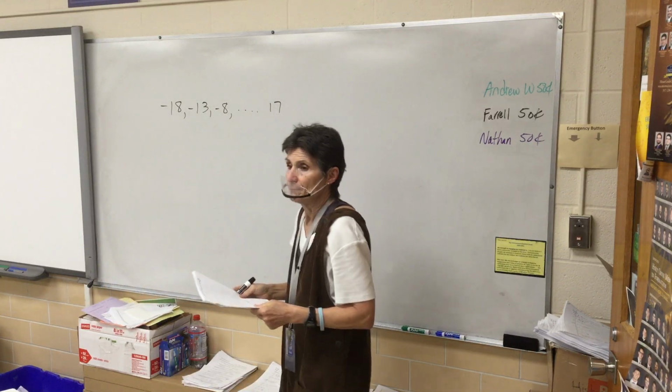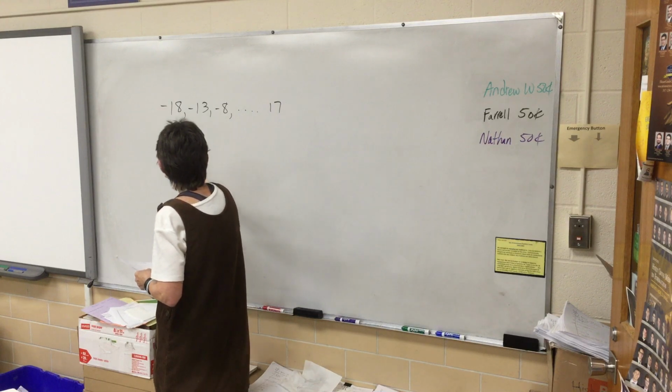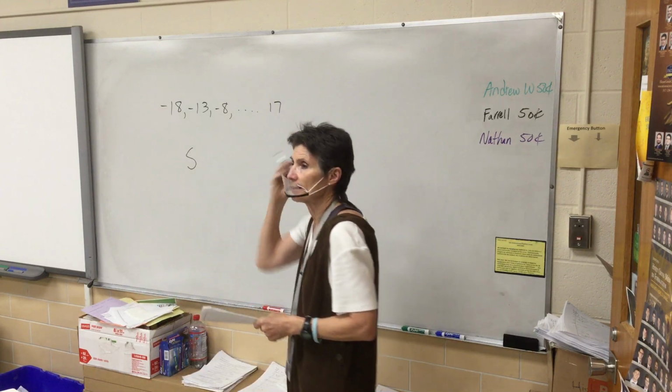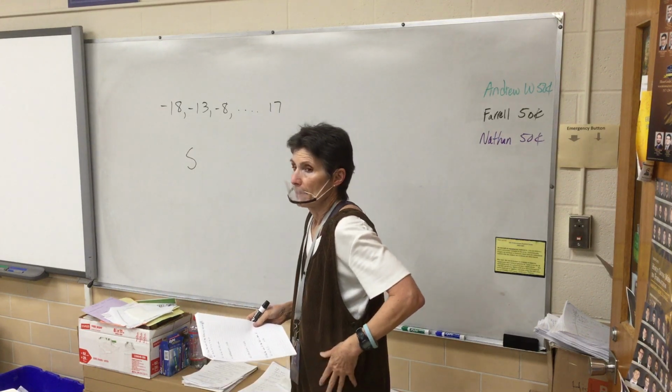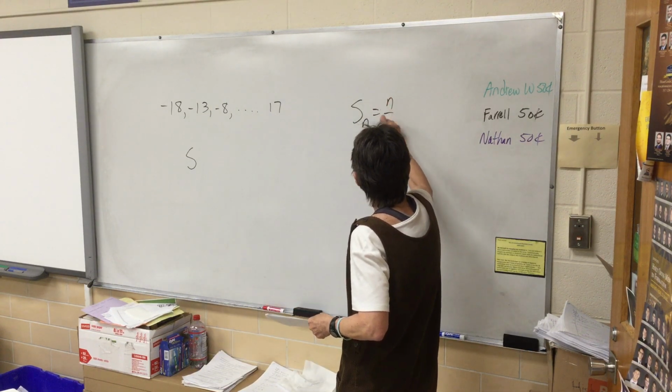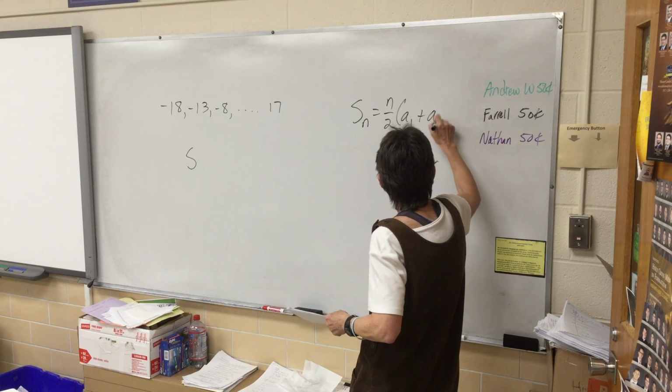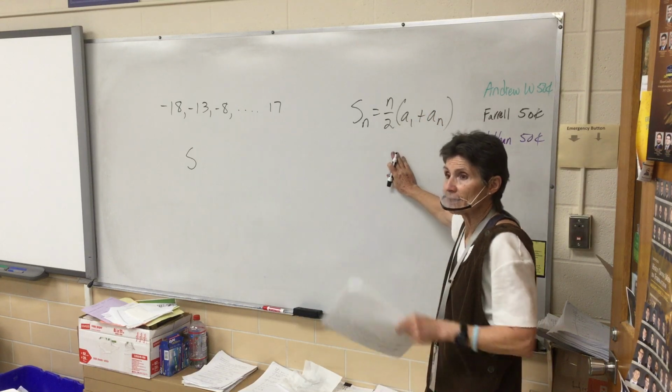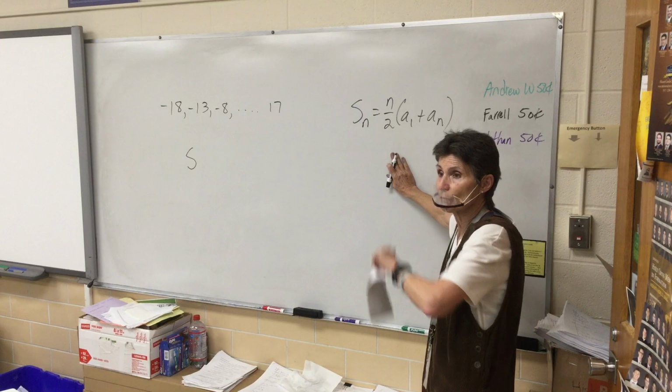I want to find the sum. So first of all, is it arithmetic? Yes. If you're going to use our new formula, which we just got down, it has to be arithmetic. This formula only works for arithmetic.